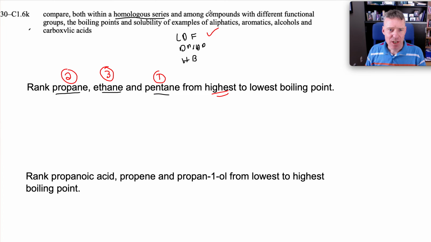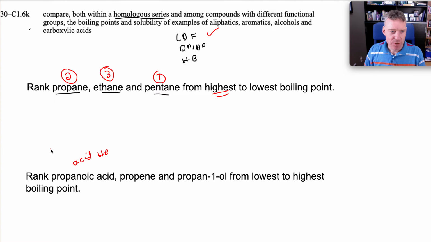You should also be able to do it with different types of families that are going to have different forces. So I'm going to rank propanoic acid, propene, and propanol from lowest to highest. So I flipped the ordering that I want here. So what do we have here? We have an acid. This acid is going to H bond. It has all the forces.